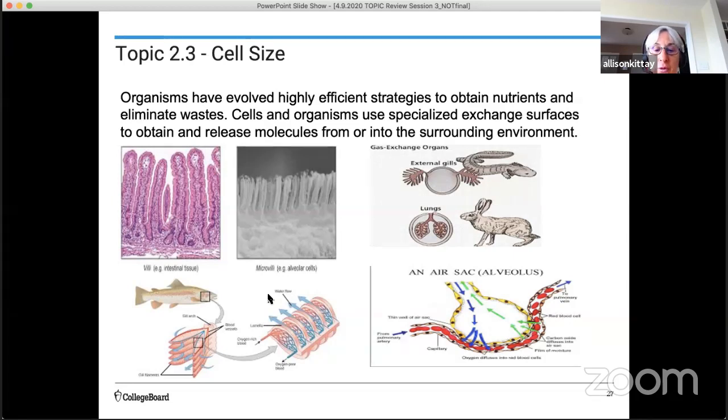So they have really super efficient exchange through gills. So those are lots of strategies that different cells and different organisms have adapted to increase the efficiency of the exchange of nutrients and waste.